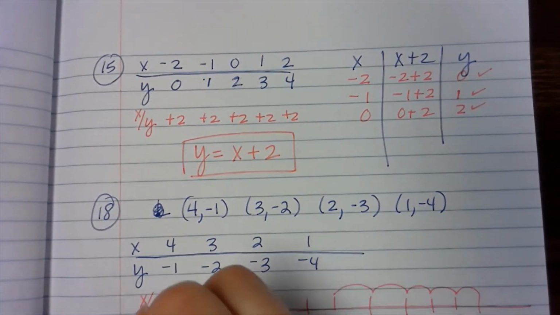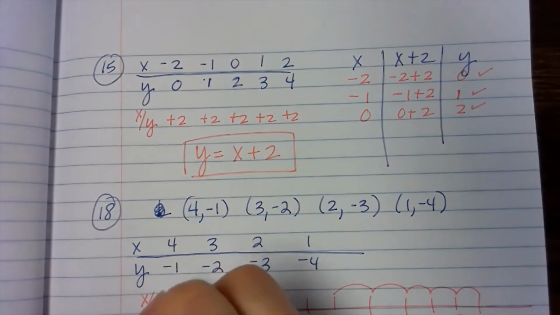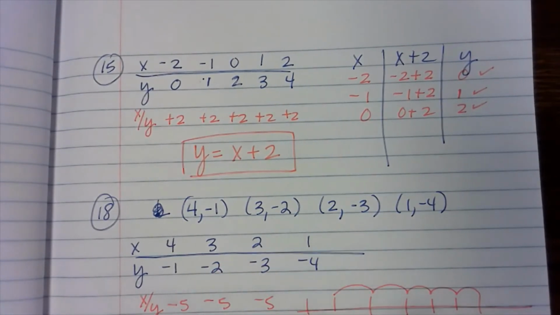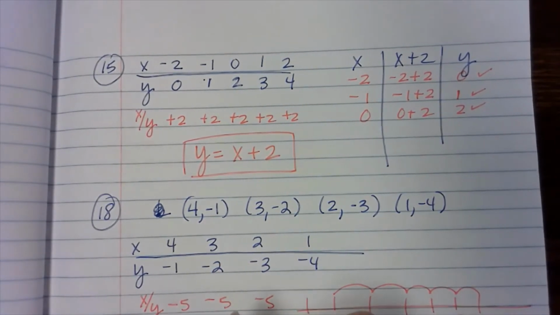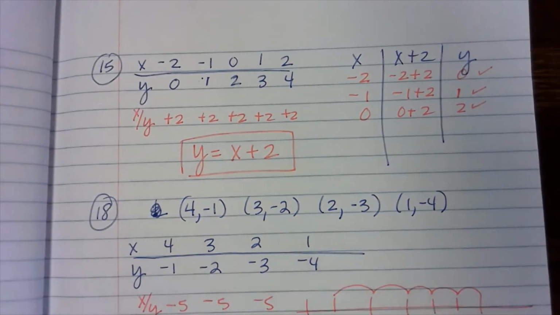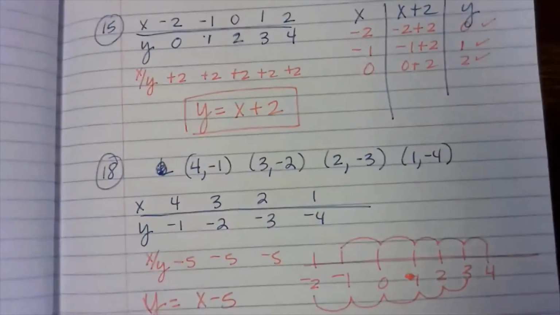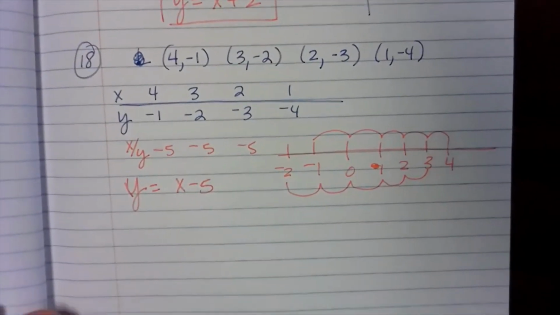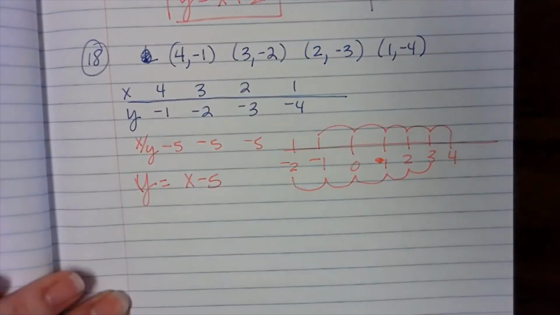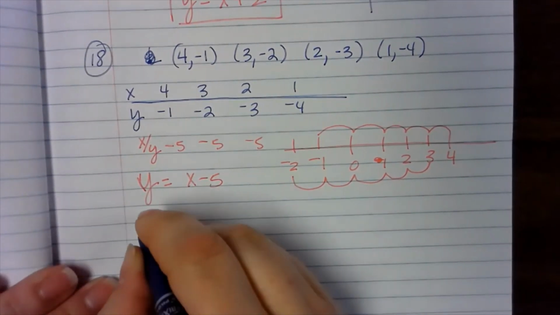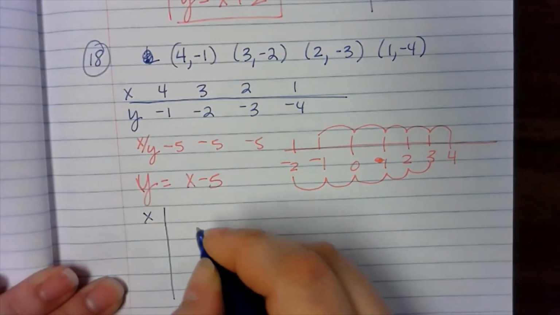So I'm going to propose that our function is y is equal to x minus 5. Let me make a quick t-chart and prove that it's correct.